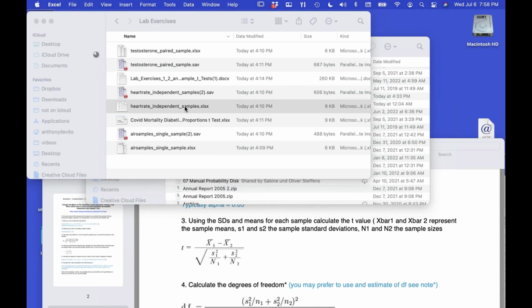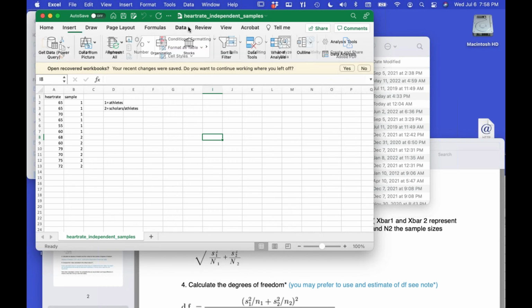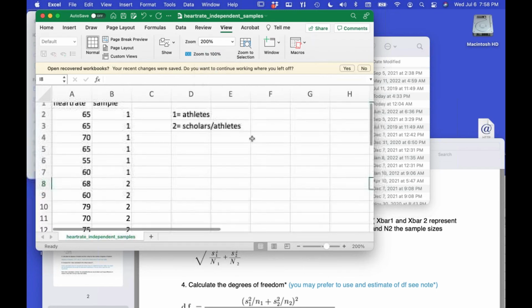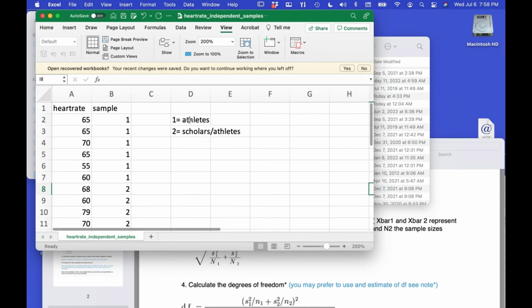Okay, so we're looking at the difference in heart rate between athletes. I think we used this data set before, but athletes who were recruited as athletes for college, and athletes in the non-varsity group, right?